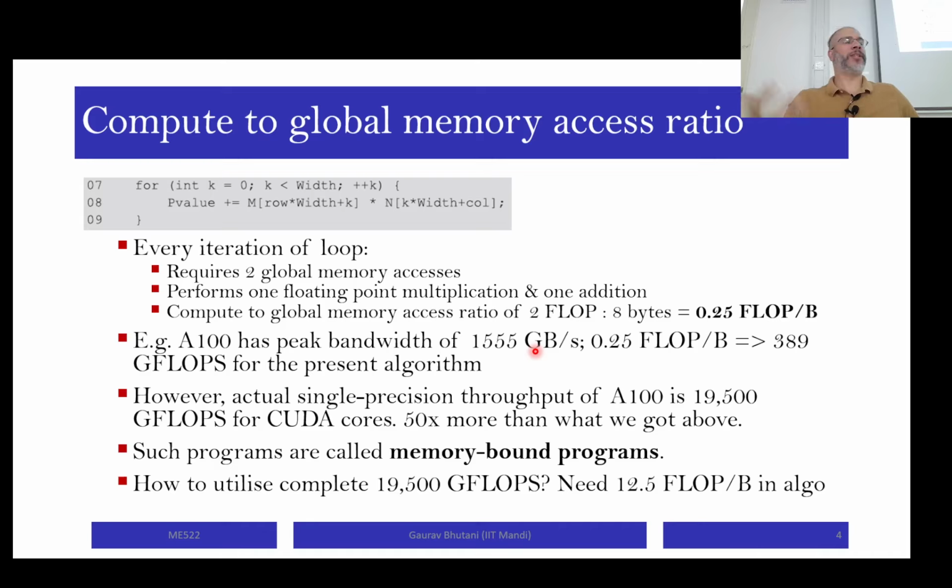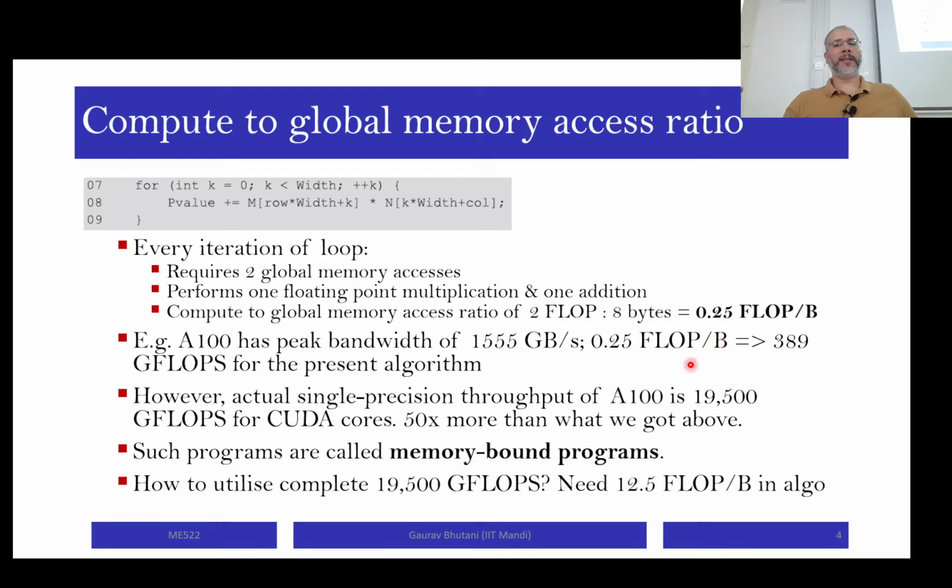A peak is the maximum, you cannot go beyond that. So in most situations typically you will be lower than that, but let us say peak is 1,555 gigabytes per second. So that is the rate at which information can transfer from the global memory to your compute cores, and you have 0.25 flops per byte.